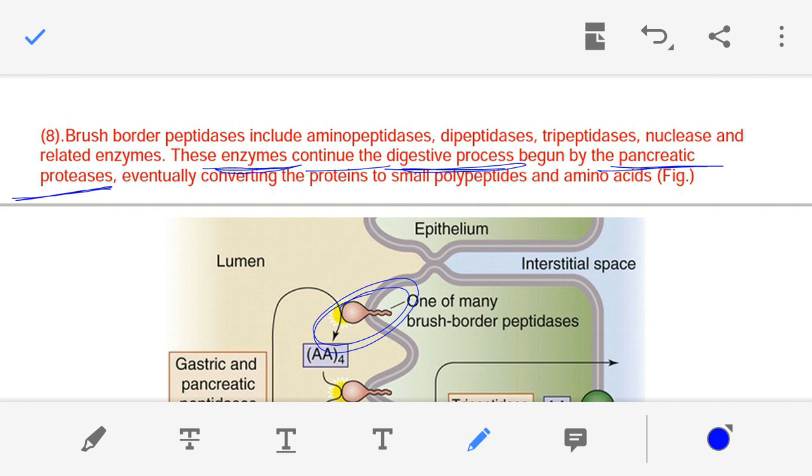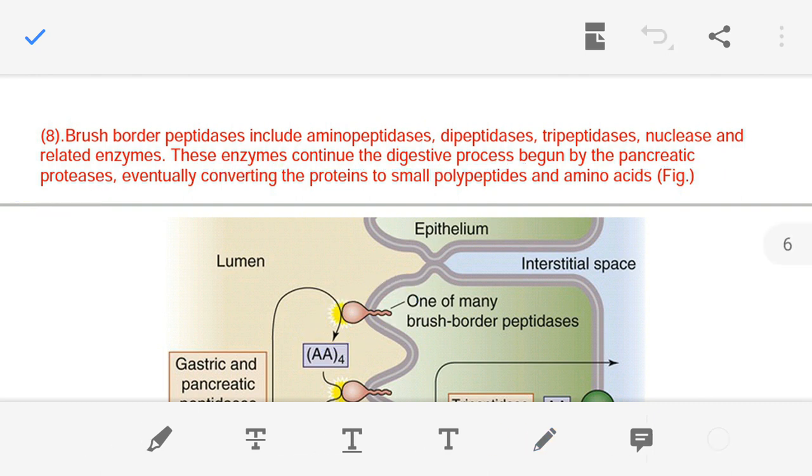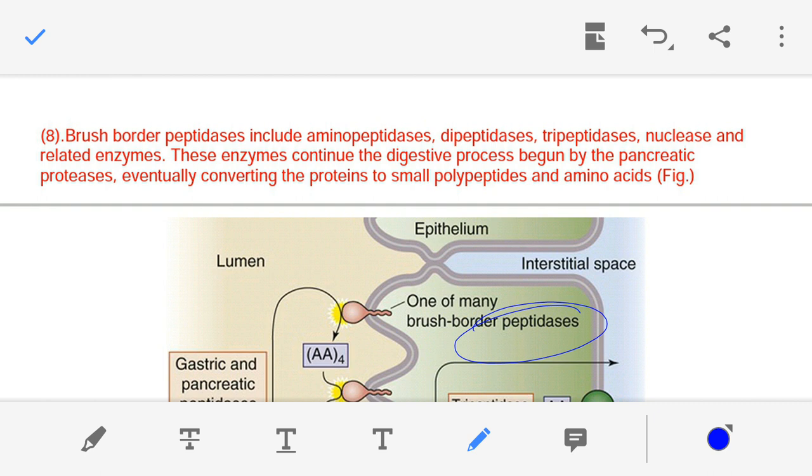Once the pancreatic proteases digest the protein, the protein is further digested by the brush border enzymes. These peptidases convert the protein into small peptides and amino acids.